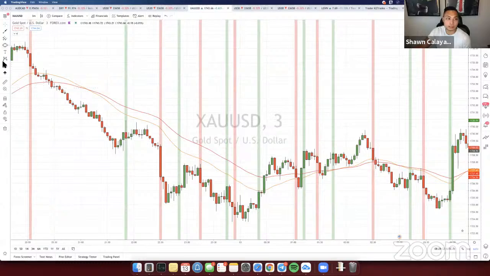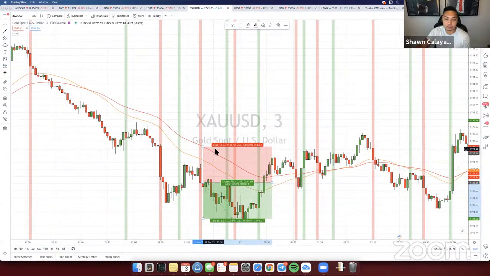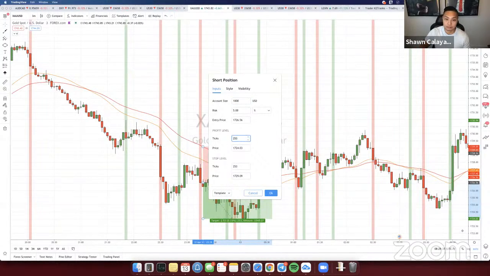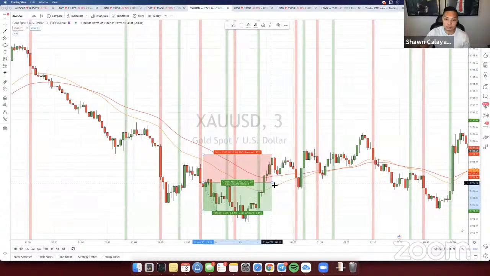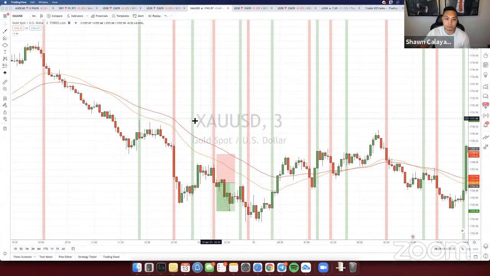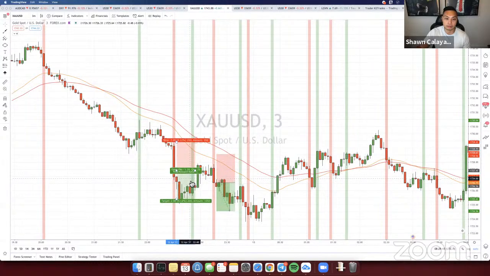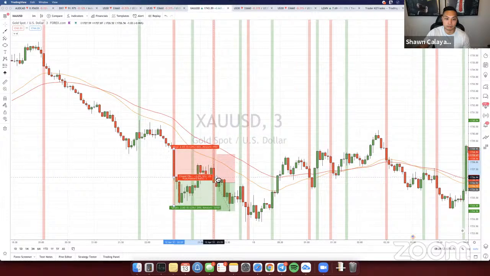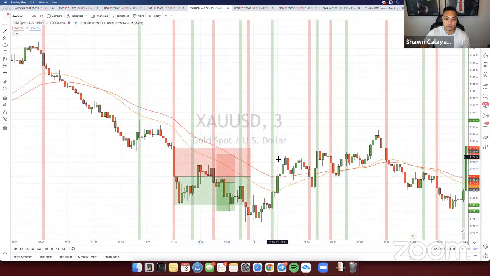Yeah, over here. It looks like it works pretty good during Asia session. Maybe I'll start trading gold during Asia session with you. So looking at this over here, this looks pretty solid for the most part. Yeah, this would hit TP right there too.